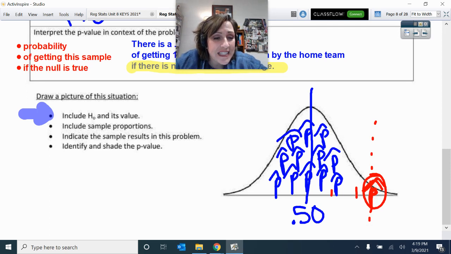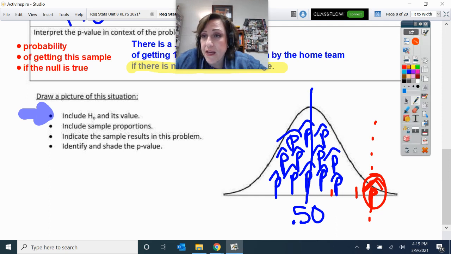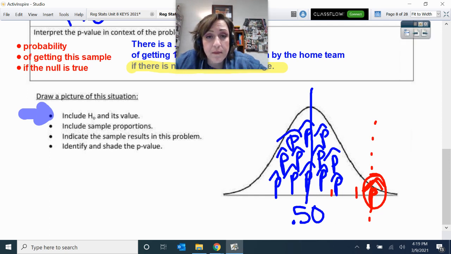Identify and shade the p-value. The p-value is the probability of getting this sample or something more extreme if the null is true. So if the data is really centered here. Now it says identify it and shade it.